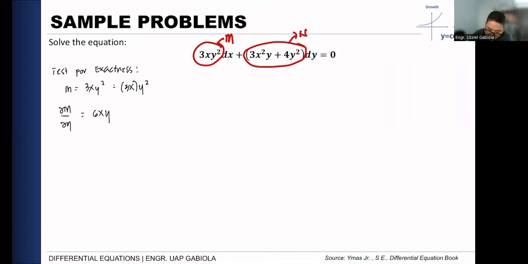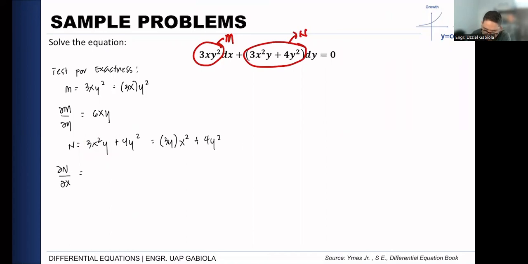Okay? Next, yung sa n. Is equal siya sa 3x squared y plus 4y squared. So, partial ni n with respect to x. Yung first term muna tayo. Ano yung sagot? Considered as constant si 3y, no? So, magiging 3y x squared plus 4y squared.